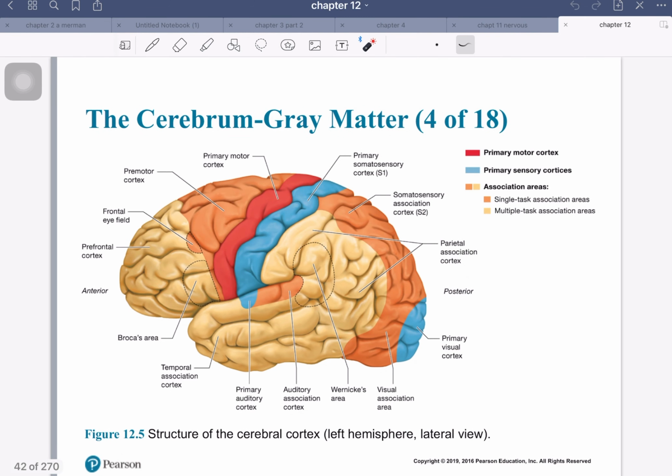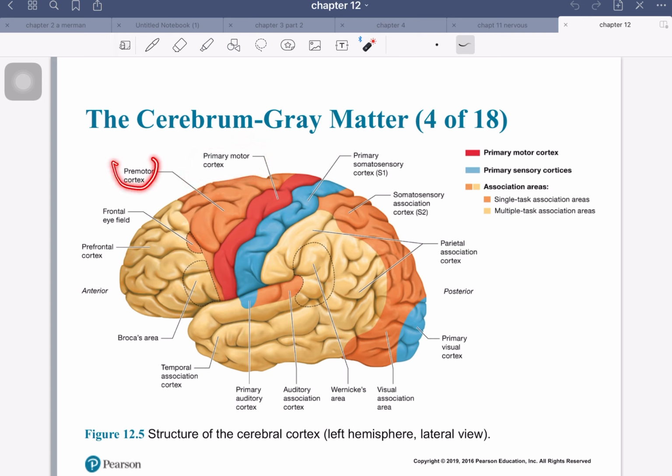And we can see a functional breakdown of the brain in terms of different areas. And here is that central sulcus once again. You can see it's centrally located, it's quite distinctive. And right in front of it, the gyrus right in front of it is the primary motor area.